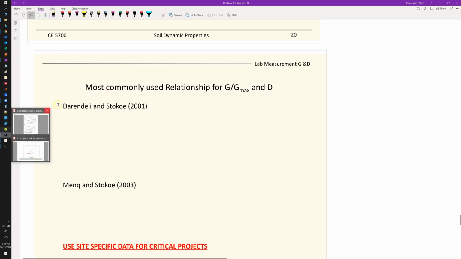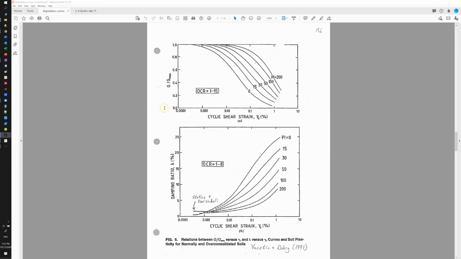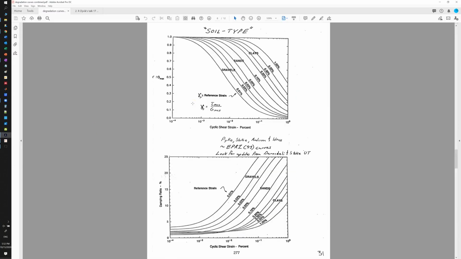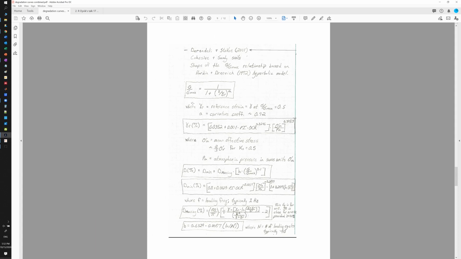The better reference is to go back to those files, which give you the equations, and you should try to understand where those equations come from. It is pretty much from curve fitting methods on an existing database, like from the Stokoe lab.